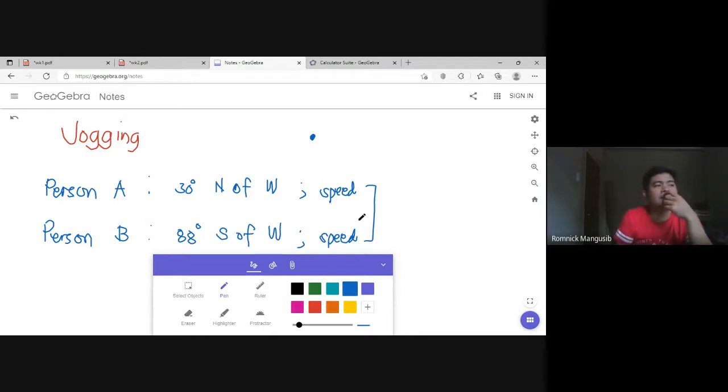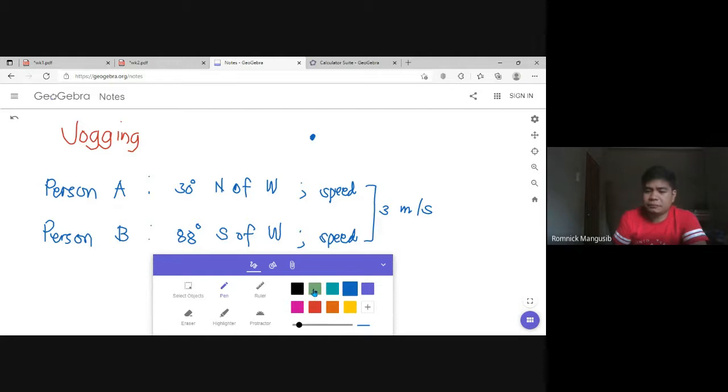Let's say mabagal sila tumakbo, okay, 3 meters per second. I think that's normal. Jogging lang naman ang ginagawa nila. They're not running. Okay?